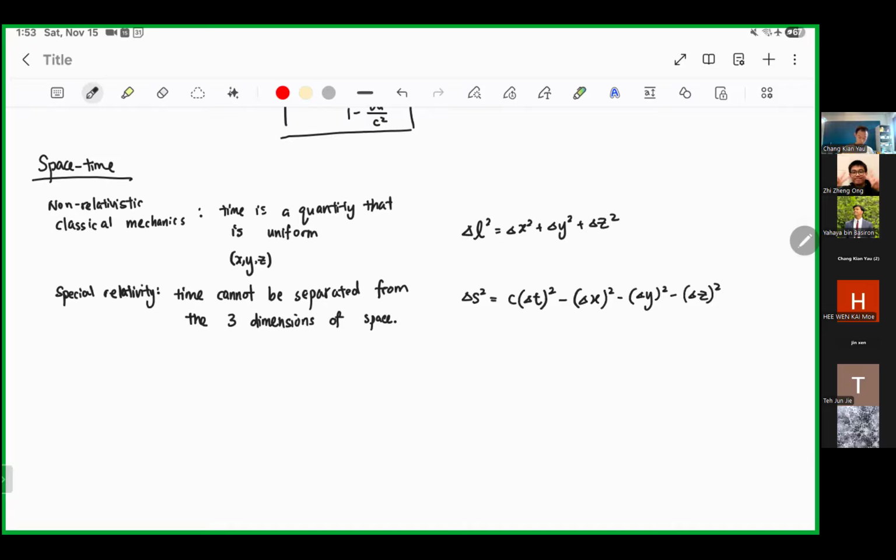Everything we've done in non-relativistic classical mechanics is done in 3D Euclidean space. But now that we've said time cannot be separated from the three dimensions, we have a 4D space. Wait, sorry, this is 3D Cartesian space, and now we're working with 4D space.